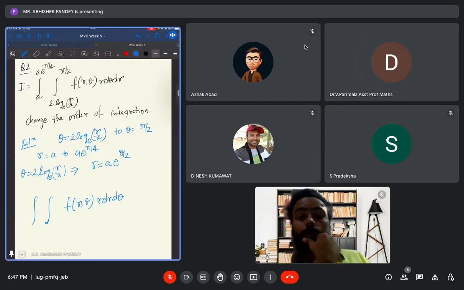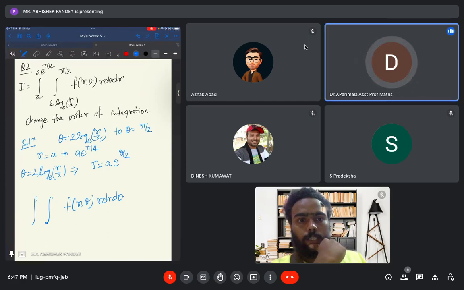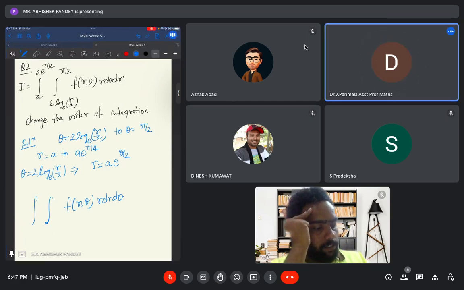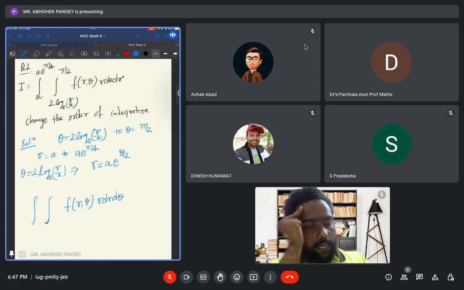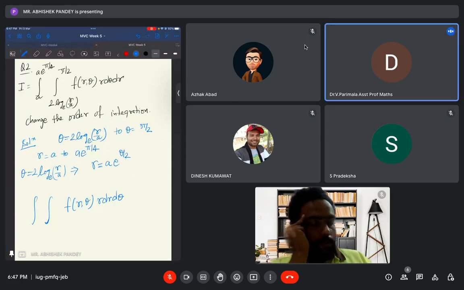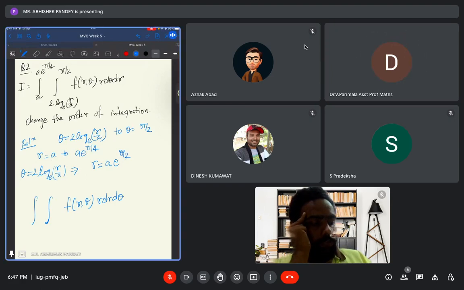Simply theta equals 0, the lowest. So theta will be 0, and you will get r equals a. Now theta equals pi by 2: you will get r equals a into e to the power pi by 4.